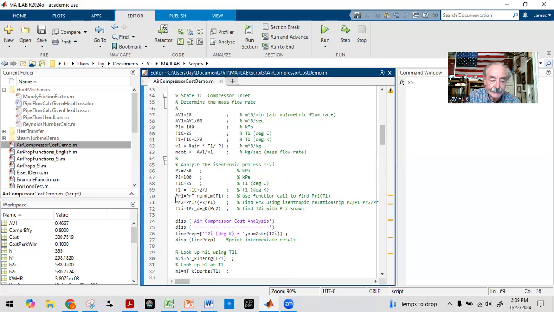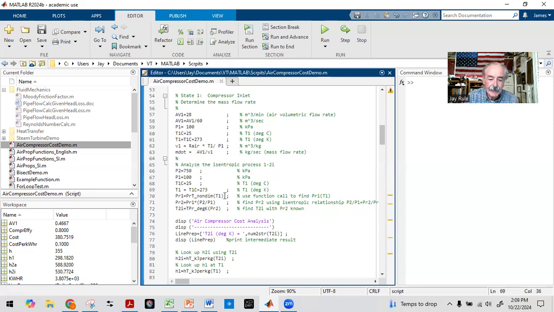Now what am I doing here? The next thing I'm doing, isentropic process. What I'm trying to find is T2I. So I remember that for an isentropic process for air with variable specific heat, P2 over P1 equals PR2 over PR1.